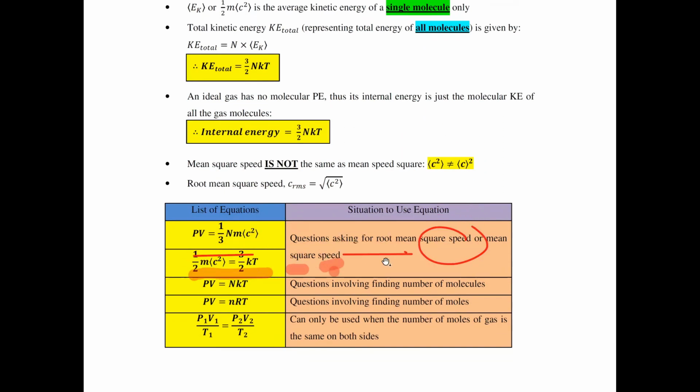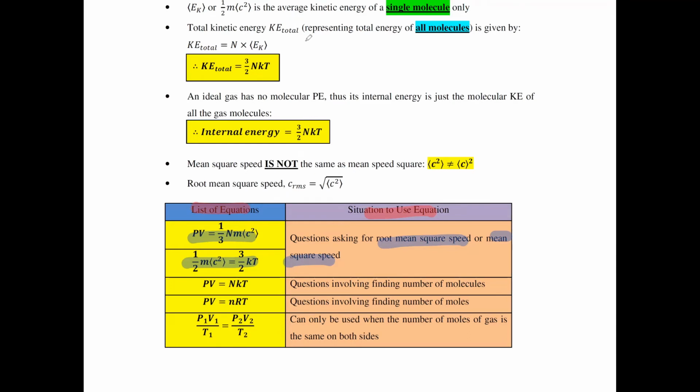All right. Okay, to summarize, you generally have all these equations here that you need to remember. And there are certain situations where you will use those equations. It depends on what the question asks, right? For specific questions that ask you about the root mean square speed or mean square speed, you generally use these two equations that you've just seen.